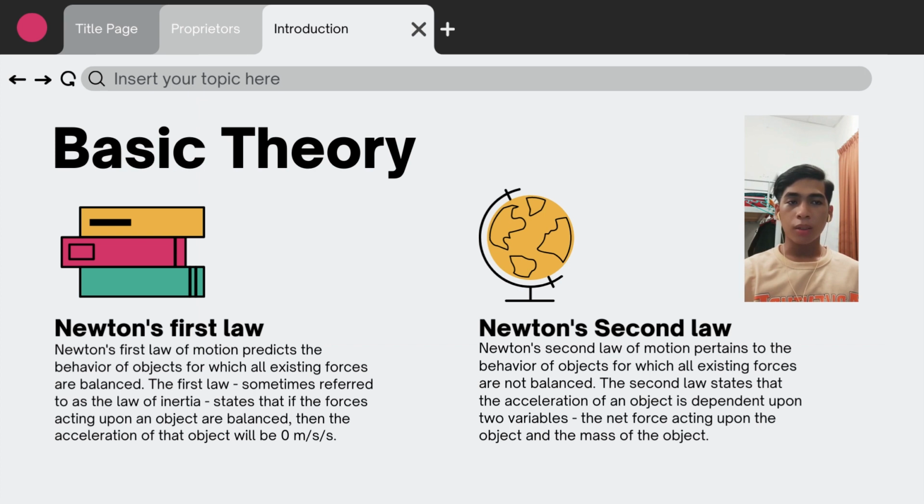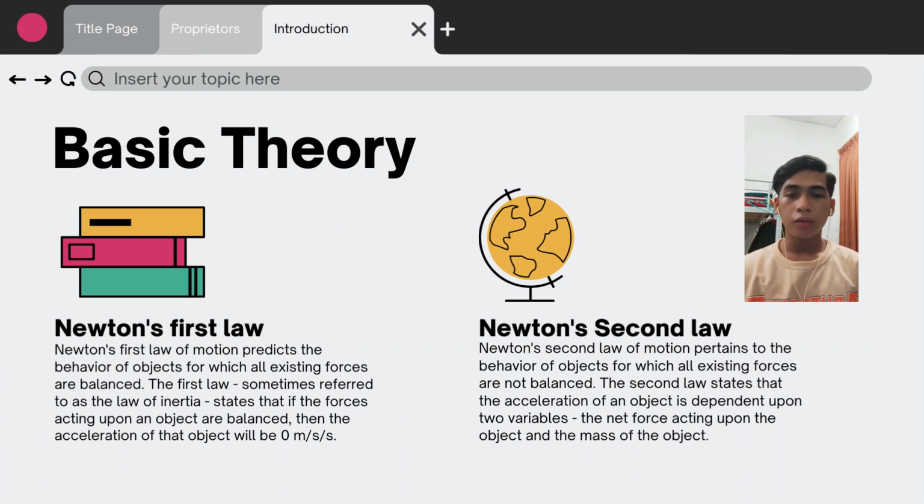An object at equilibrium, the condition in which all forces are balanced, will not accelerate. According to Newton, an object will only accelerate if there is a net or unbalanced force acting on that object.